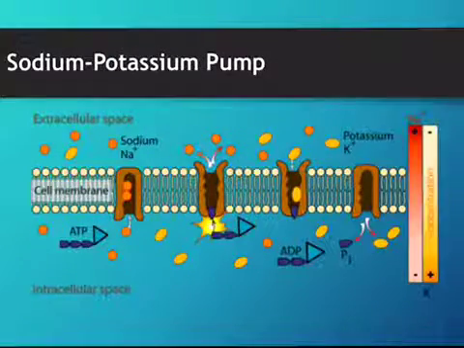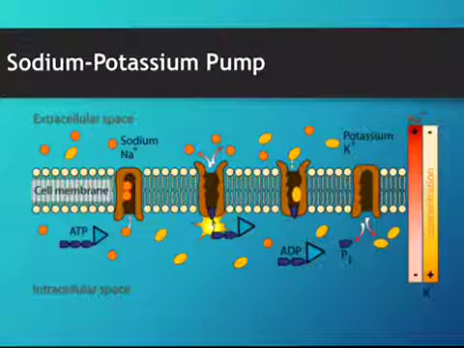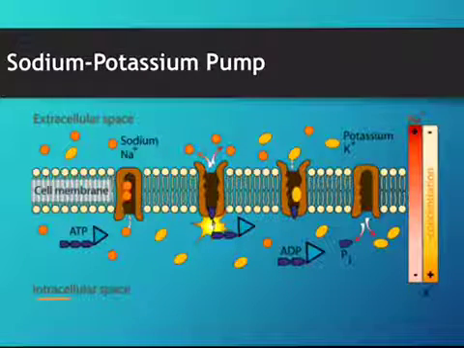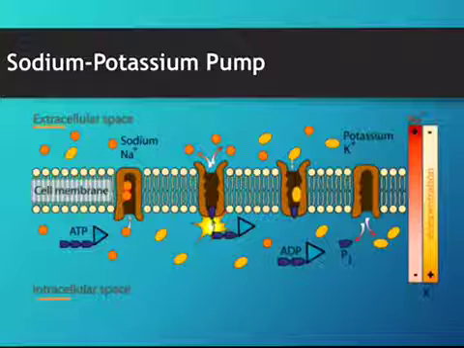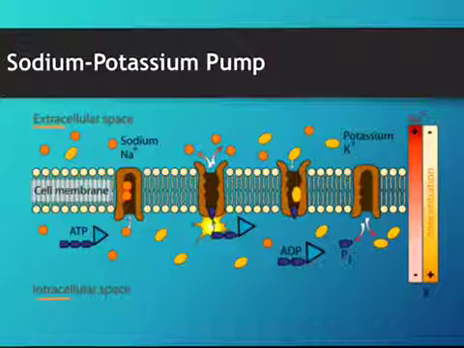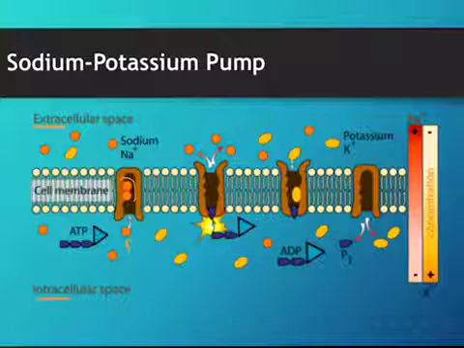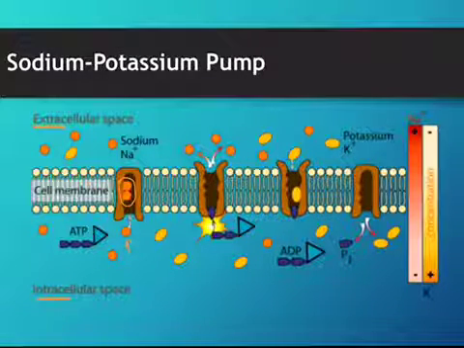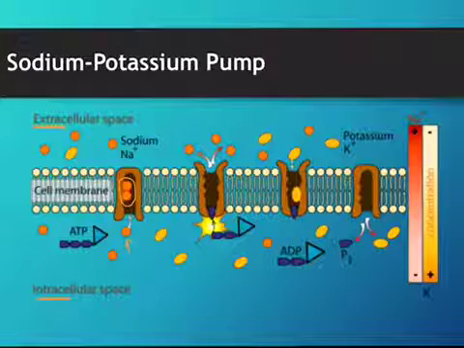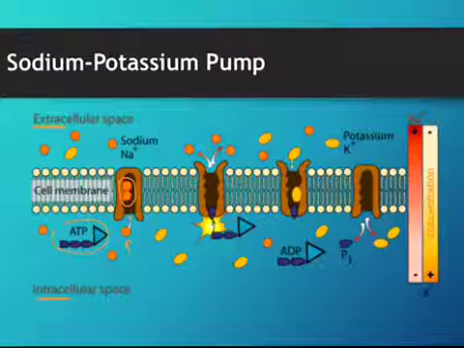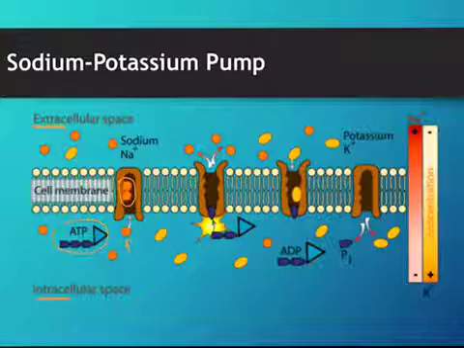So here it is in a little bit of a diagram. So again, note, intracellular is inside, extracellular is outside. So the orange molecules are your sodium, and so notice how 2 of them go into that carrier protein. Then our ATP molecule right here, it attaches and gives some energy.